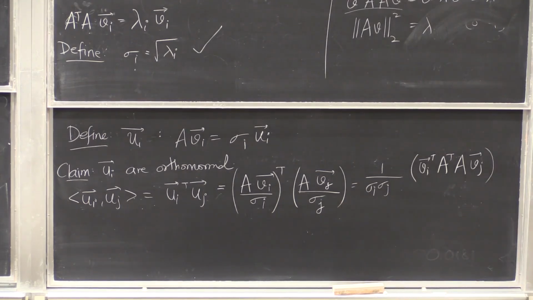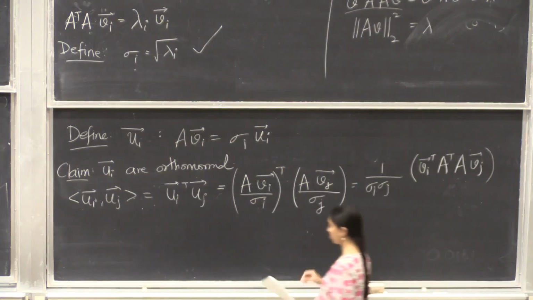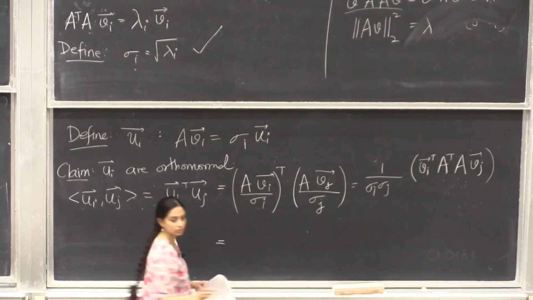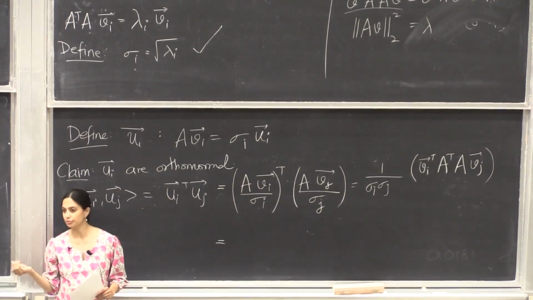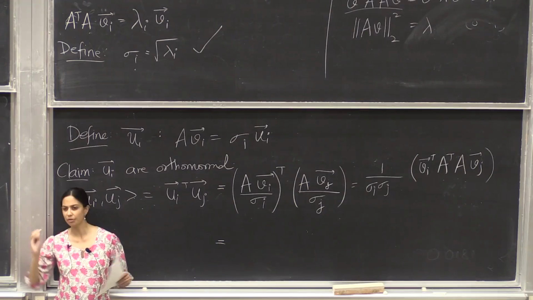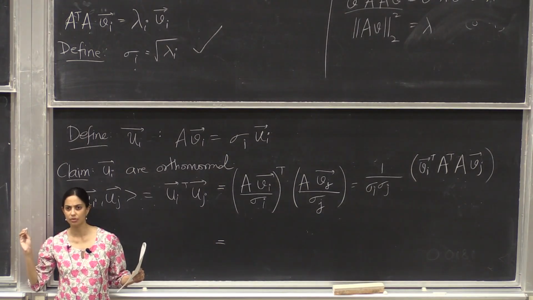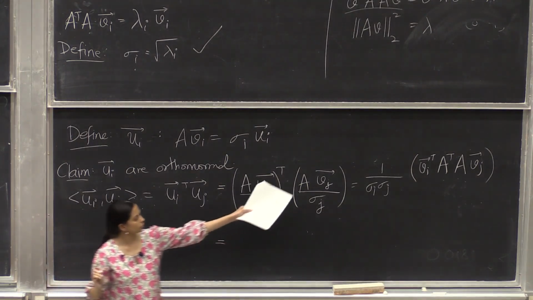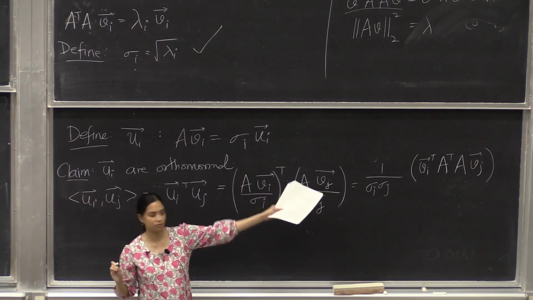Right? What is A transpose A vj? What is vj in relation to A transpose A? It's an eigenvector, right? Everyone's with me, right? Have I lost the class? No. Okay. You're with me. Okay, good. So A transpose A times vj is lambda j vj.